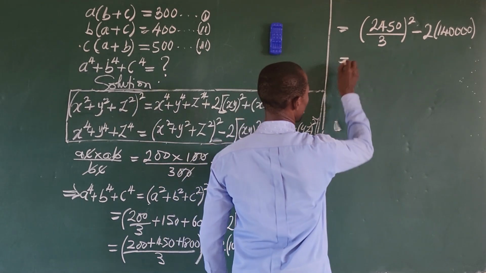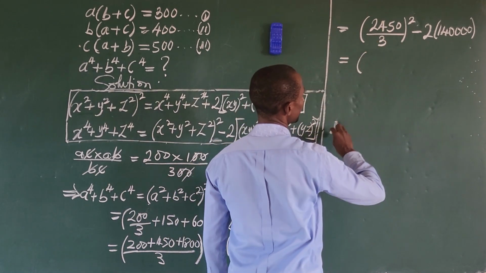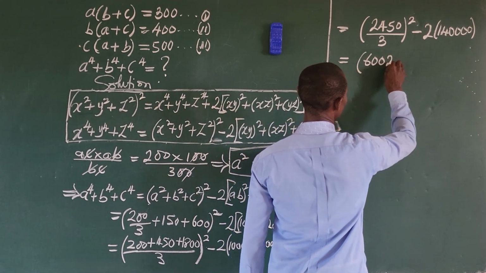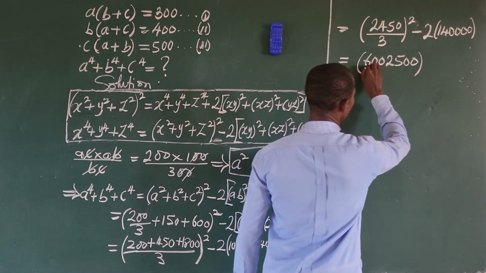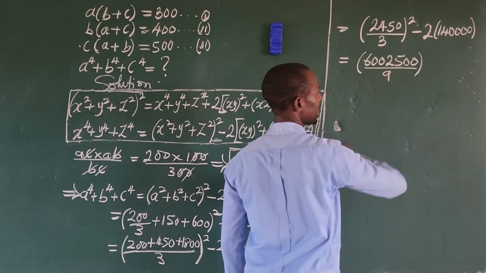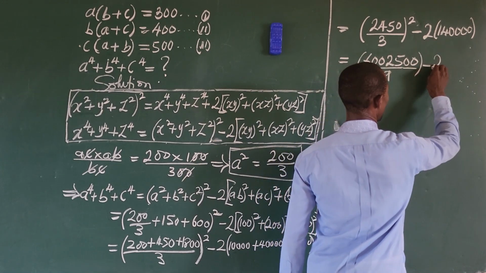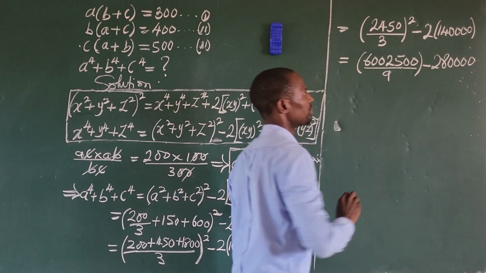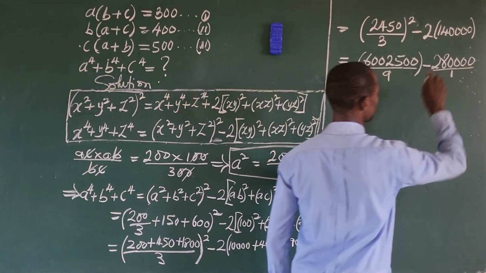So this will now give us here, if we square this, it's going to give us a bracket, our 6002500 plus bracket all over our 9. Then minus, we open up this with this, so we have 280000. Good. Now this is all over 1.